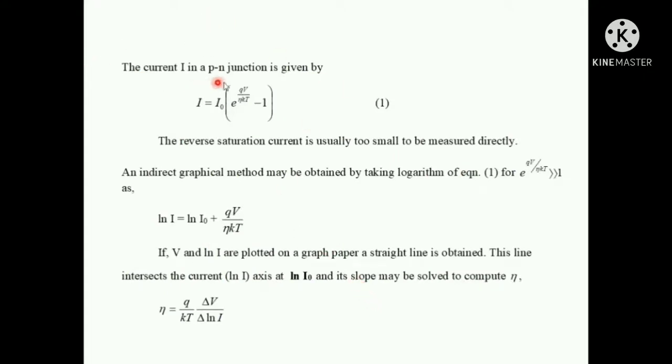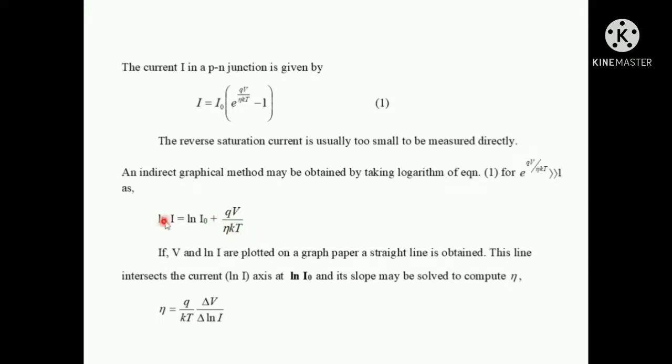The current in PN junction is given by this equation. This reverse saturation current I naught here will be measured indirectly. So what is done is we assume that the exponential part is very large as compared to 1. So we drop 1 here and take the log of the equation. That gives log I is equal to log I naught plus qV upon eta kT.